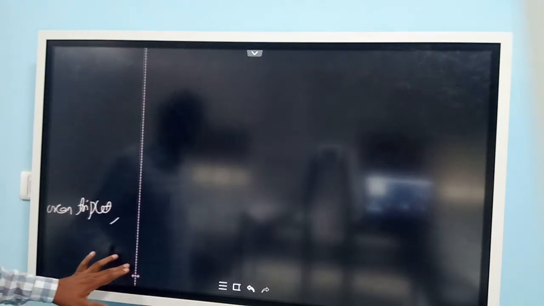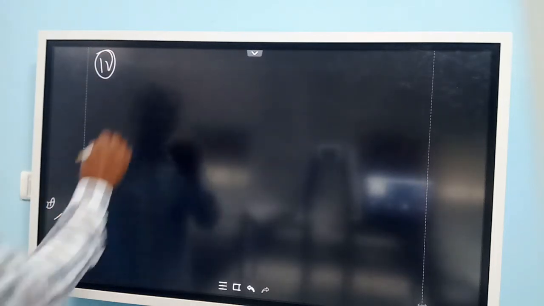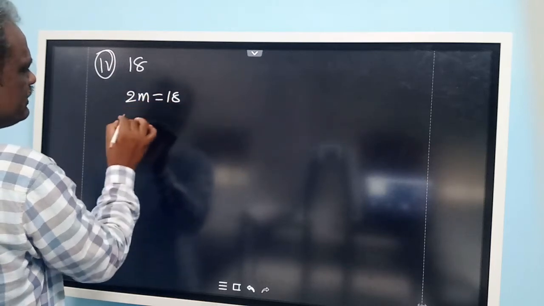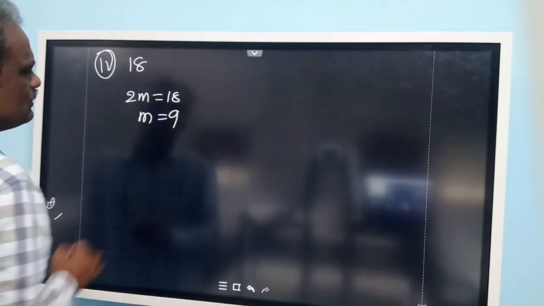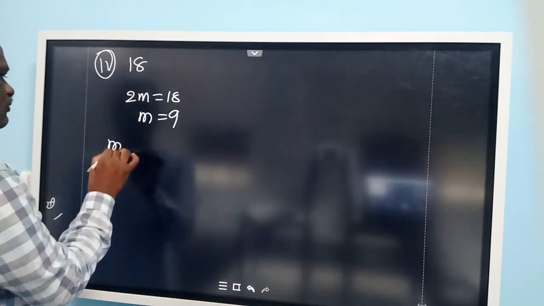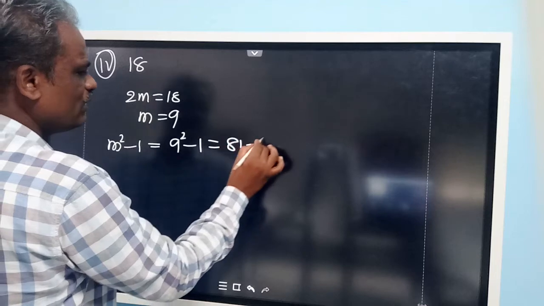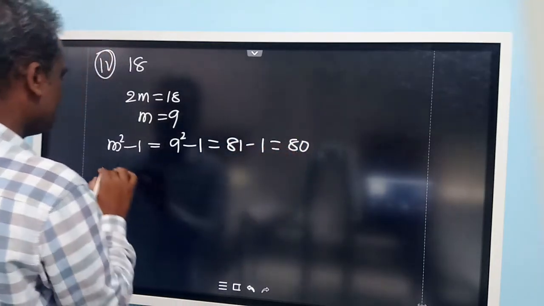The last question: one member given is 18. Let us write 2m equal to 18, which implies m is equal to 9. Find m squared minus 1: 9 squared minus 1, 81 minus 1, 80.